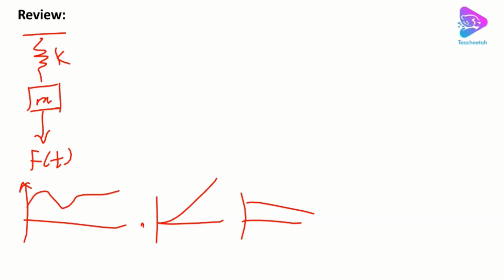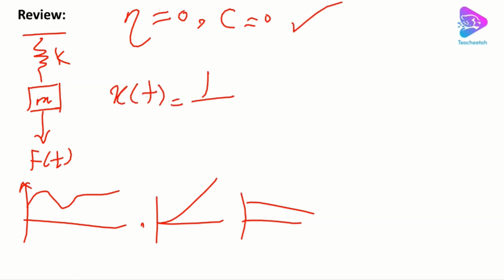For this case, because there is no damping, we only need to calculate the integral without the damping component, so it is even easier. There is no omega d now; we deal with omega n. Why? Because zeta is equal to 0, because c is equal to 0, right? So for this case, x(t), the response of the system, is 1 over m omega n, integral from 0 to t of F(tau).